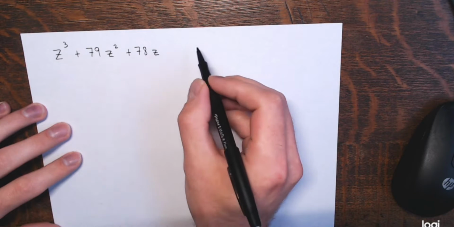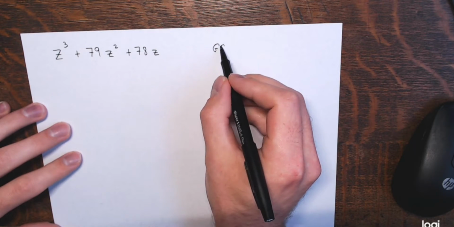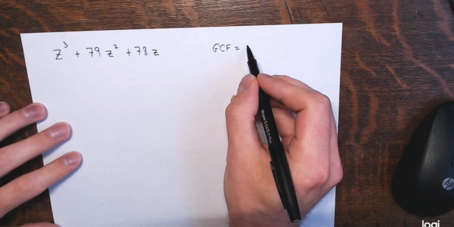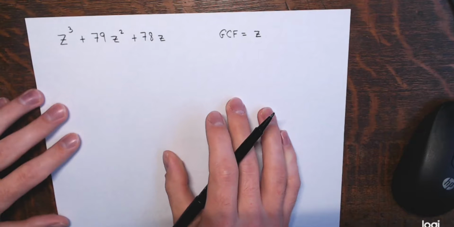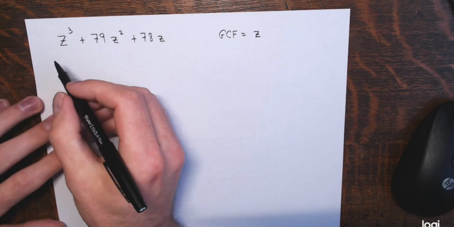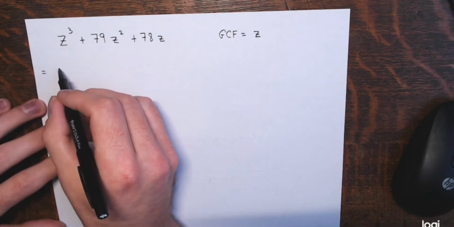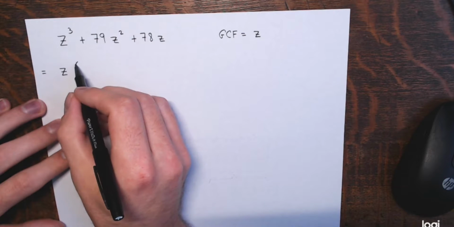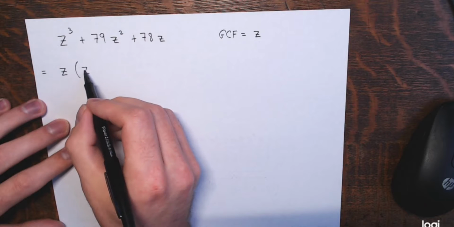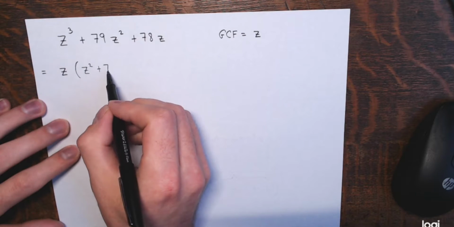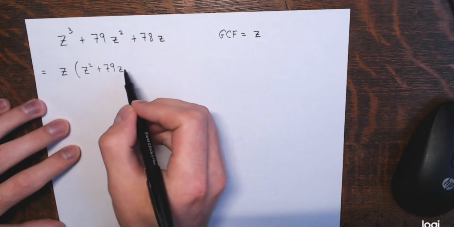Clearly the greatest common factor of all three of these terms is z. They all have at least z to the first, and that's it. So I factor out the greatest common factor, z, and the remaining factor will be z squared plus 79z plus 78.